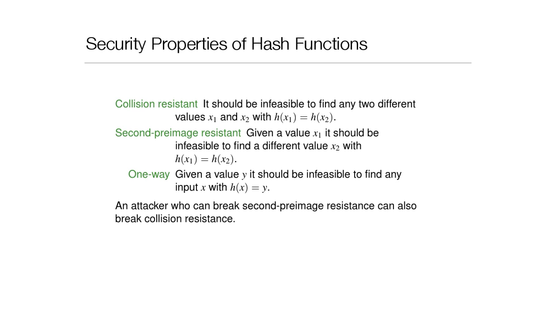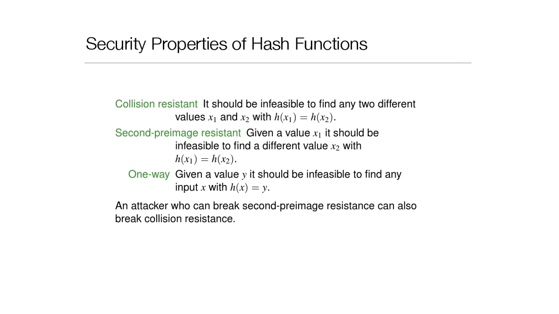You can't just come up with any picture I give you. You have to find a flower which has the same weight or same size. So your task is hard. That's the idea of second pre-image resistance. Collision resistance is a little bit easier. Second pre-image resistance is harder.